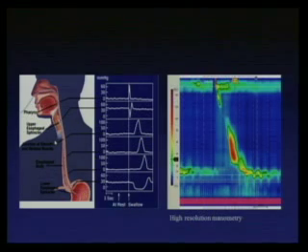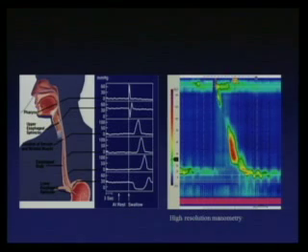The major difference between conventional manometry and high-resolution manometry, as depicted on the right, is that in high-resolution manometry, the sensors are typically spaced about every 1 centimeter apart along the length of the catheter. And so you have, as opposed to only 5 or 6 different measurements in the conventional manometry, about 36 different pressure sensors recording the intraesophageal pressure at one time.